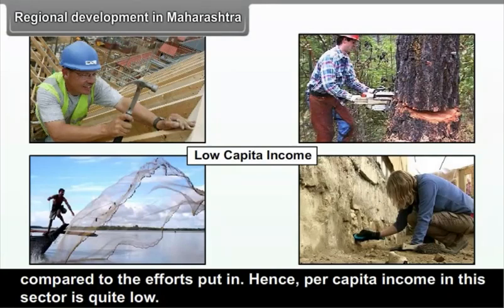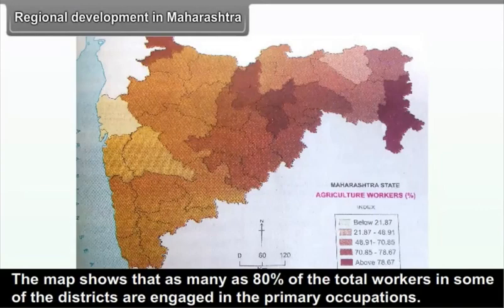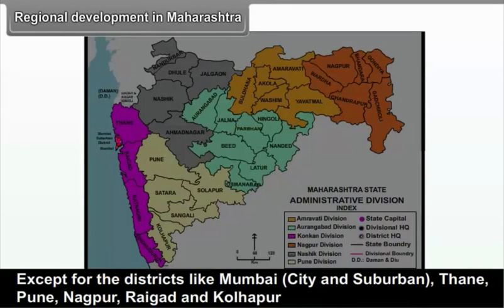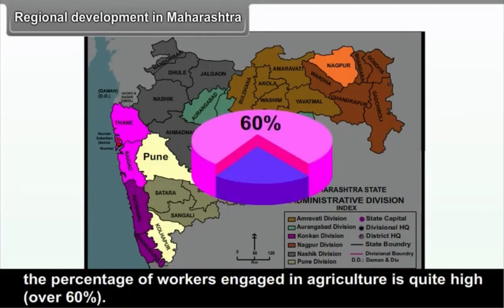Hence, per capita income in this sector is quite low. The map shows that as many as 80% of the total workers in some of the districts are engaged in the primary occupations.